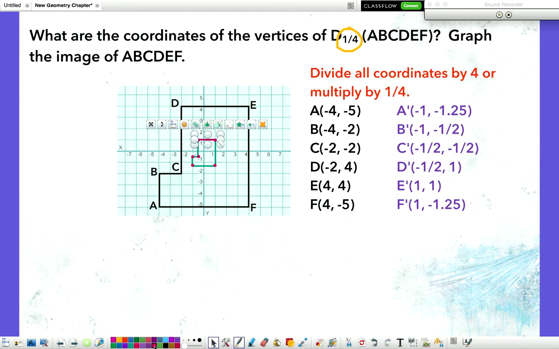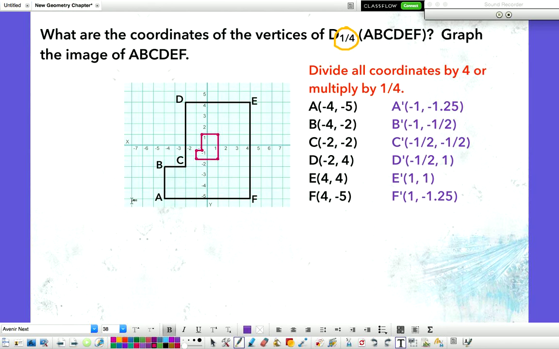Like I said though, this is all going off of your best judgment on where your half is, where your fourth is, and vice versa. Okay, let's label this A prime, B prime, C prime, D prime, E prime, F prime.